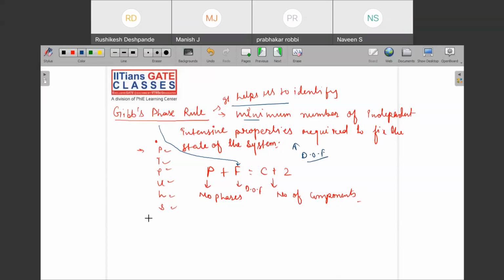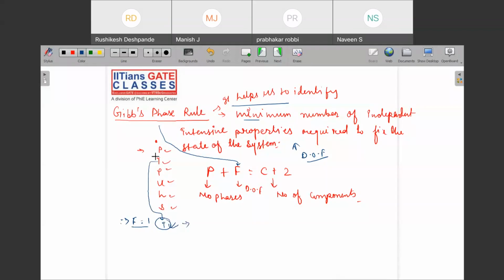Getting the idea? Let us say that degrees of freedom is 1. That means I need at least one independent property, for example temperature. If I specify pressure, then other things, let us say density and all other properties, will automatically follow.